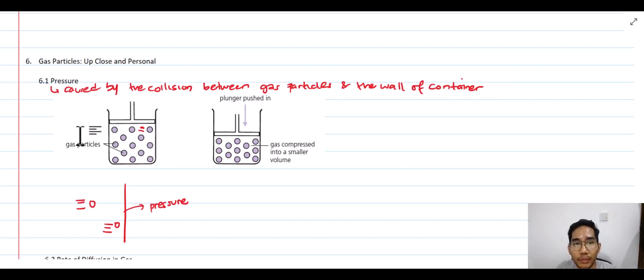So let's say we have this plunger thingy, and we push the plunger like this. Then the space for the gas particles to fill will decrease, and that causes the pressure to increase due to more rapid collisions between the gas particles and the wall of the container. Okay, got it? That's the pressure.